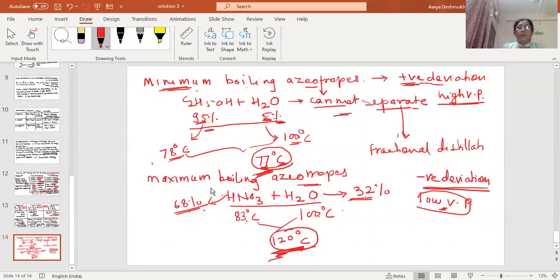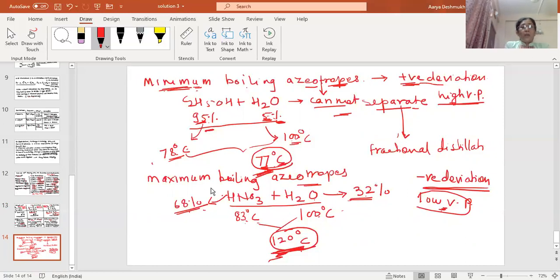They cannot be separated. So there is a decrease in the boiling point. Now this mixture will boil at 77 degrees Celsius, and such mixtures are called azeotropes. So from 78 and 100 there is a decrease, and that is why these are called minimum boiling azeotropes.